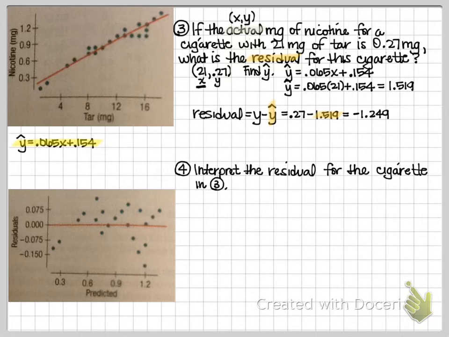So I'll give myself a quick little sketch here. If I've got my line of best fit wherever it may be, what I'm saying is that the real value y is lower than the predicted value of y hat. So the real point is going to be below the line.